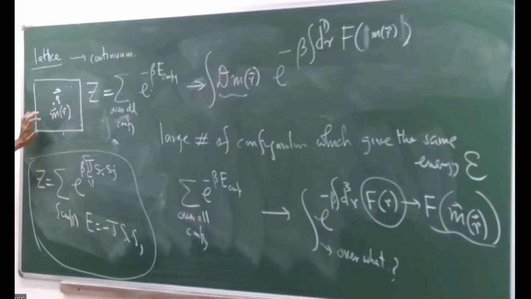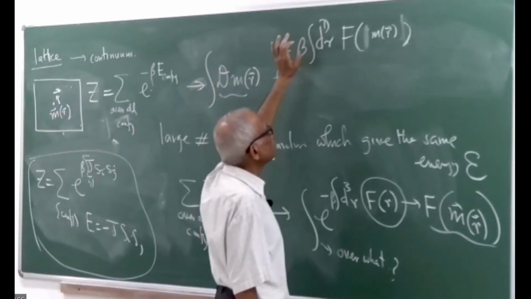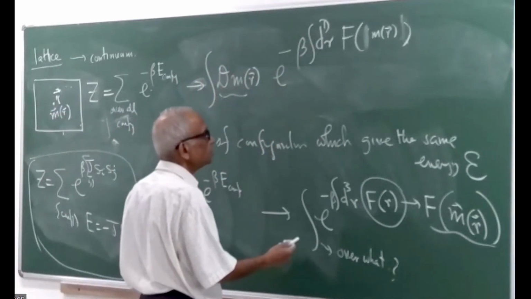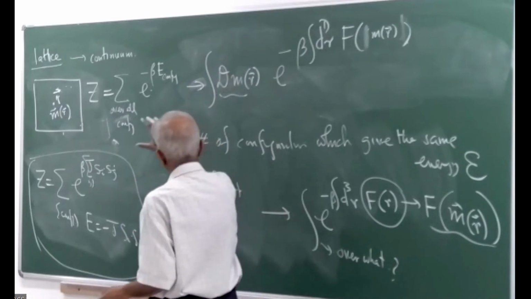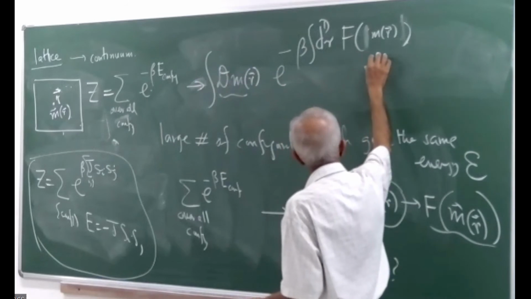So M can be a scalar, M can be a vector, and then there is the space, which is this D over here. That is the spatial dimension D.